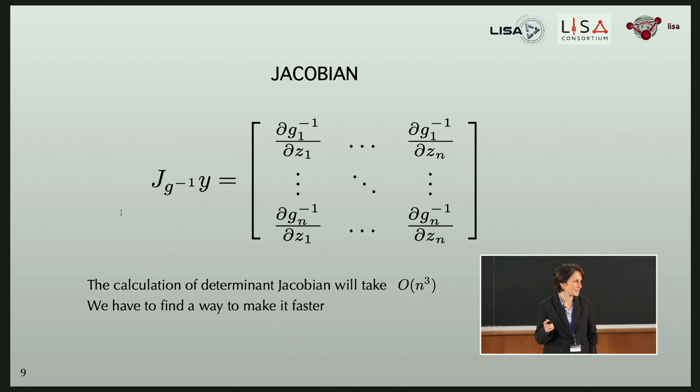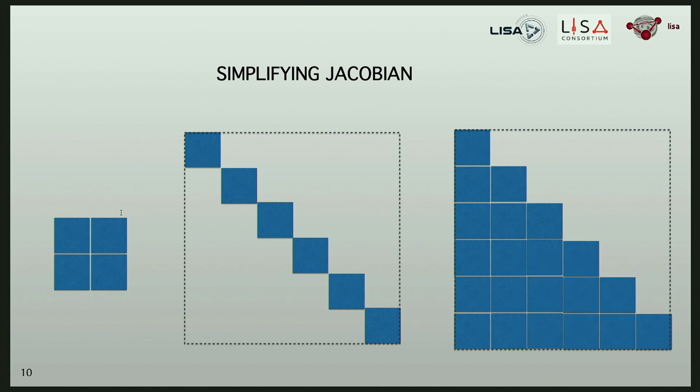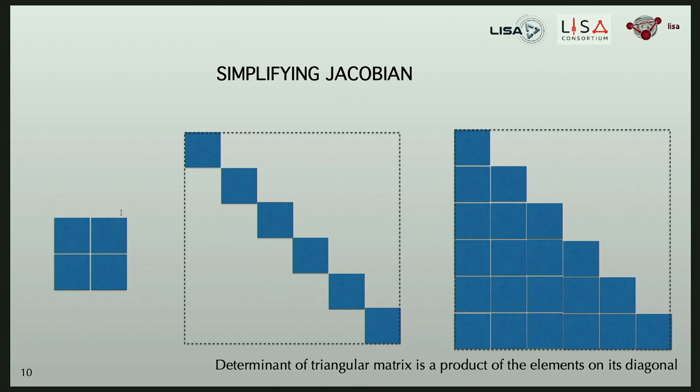Another problem is that the calculation of the determinant of the Jacobian is a computationally complicated problem. So we have to find a way to make it faster. One way would be to make it small or to make it diagonal. Or, for example, if you have a triangular matrix, the determinant would be just a product of the elements on the diagonal.